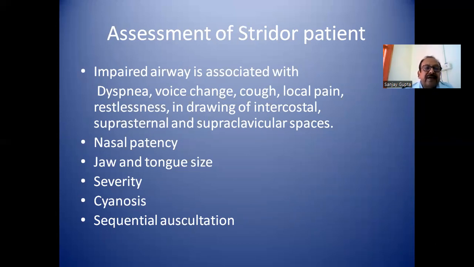The jaw and tongue size has to be seen; micrognathia or macroglossia may cause stridor. The severity of the stridor: mild, moderate, or severe. Cyanosis has to be appreciated, it has to be clinically diagnosed, and sequential auscultation of the chest.